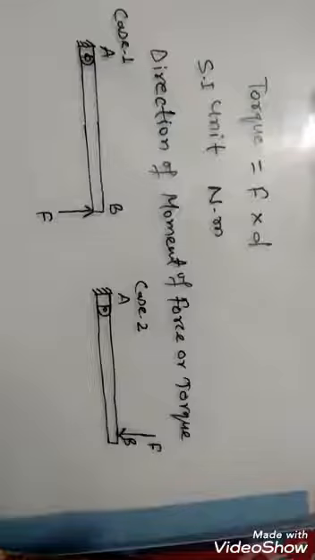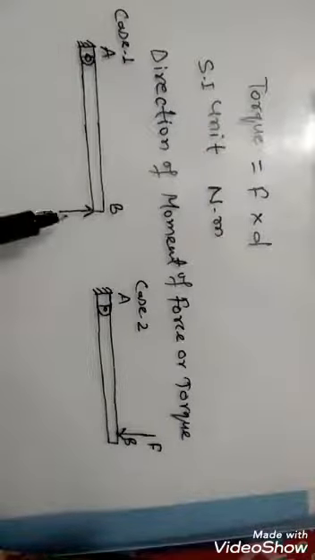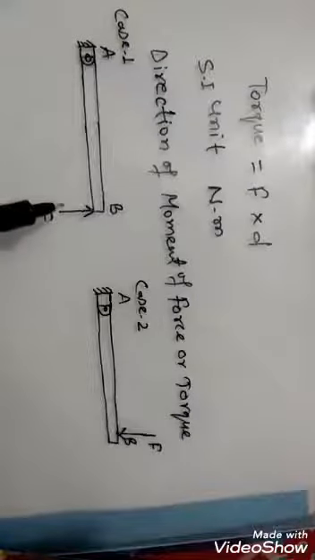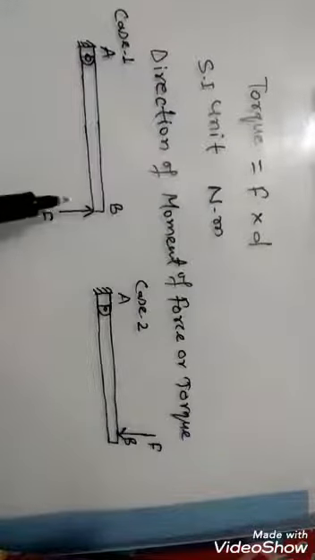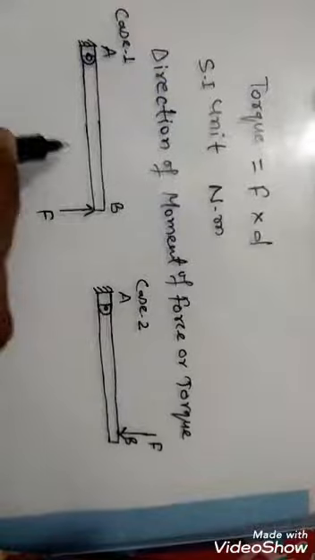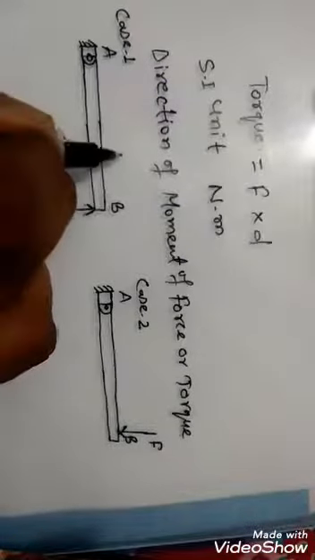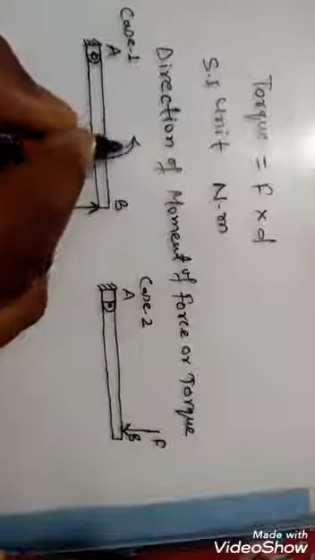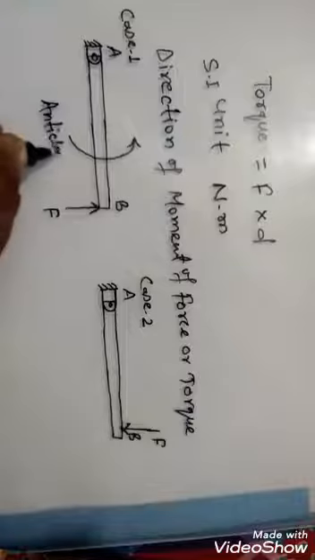To understand the direction of moment of force, here we have two cases. In one case, for the bar AB, the applied force is acting at point A in the upward direction, which causes rotation in this direction, that is anti-clockwise.